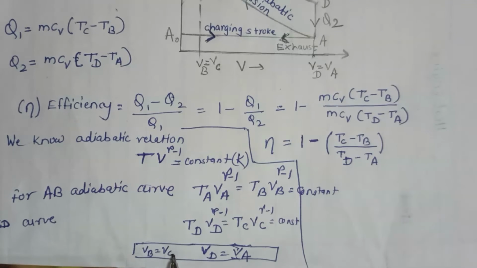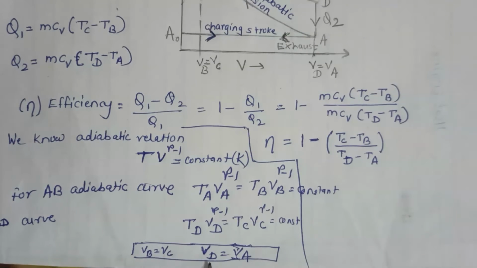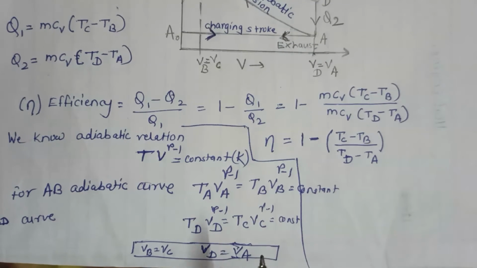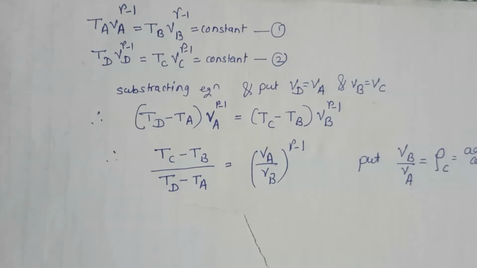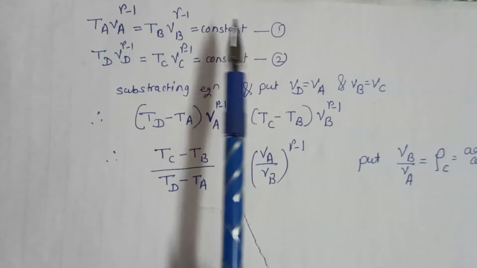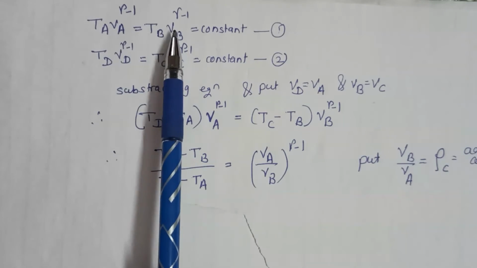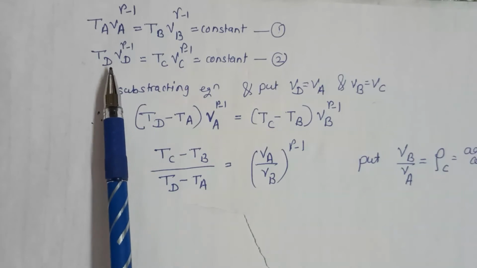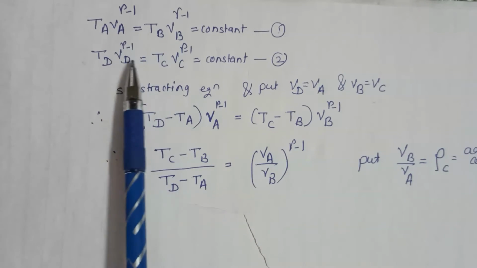VB is equal to VC from figure, and again VD is equal to VA. From two adiabatic relations, first is equation number 1 for AB adiabatic curve. Equation second for second adiabatic curve, that is CD curve.